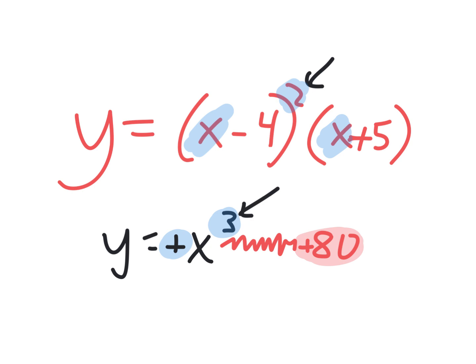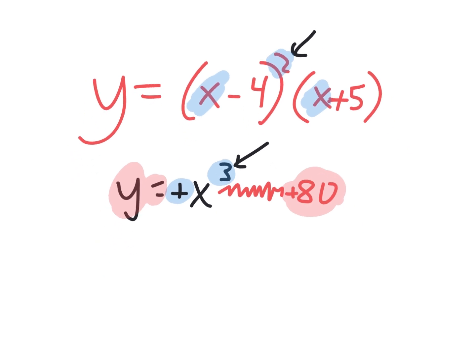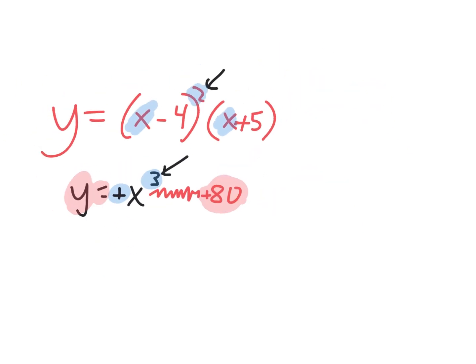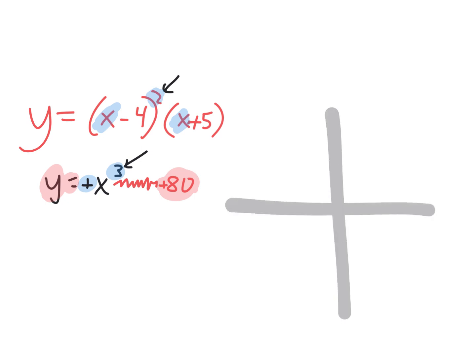Y-intercept is where x equals 0, so all the other parts would just cancel out, and you just have y equals 80. Okay, so if I had to graph this thing, here's my quick graph. I know that it goes through 4 and negative 5. There's 4, there's negative 5. I know it's going to bounce here.